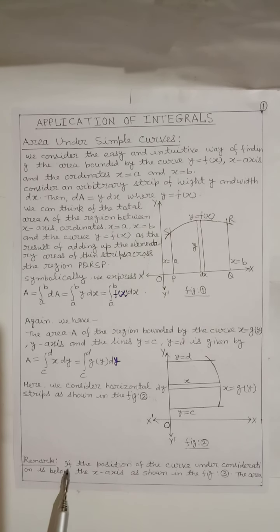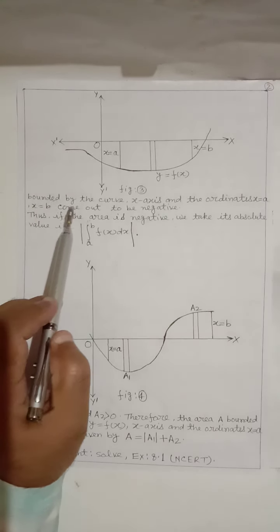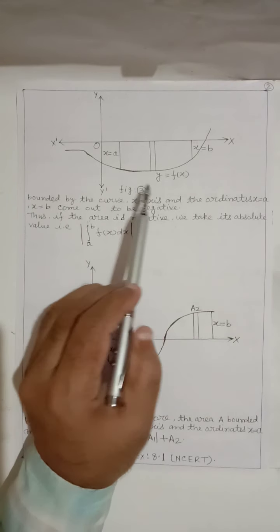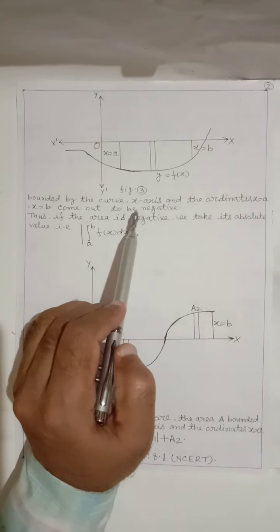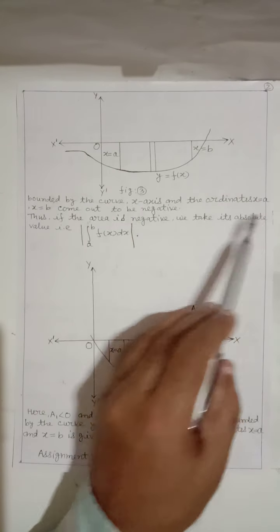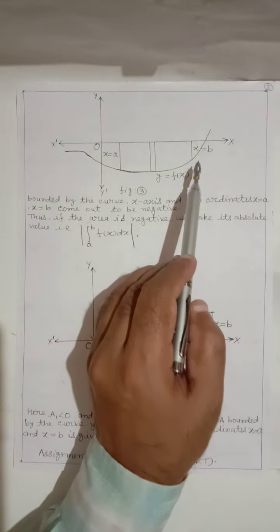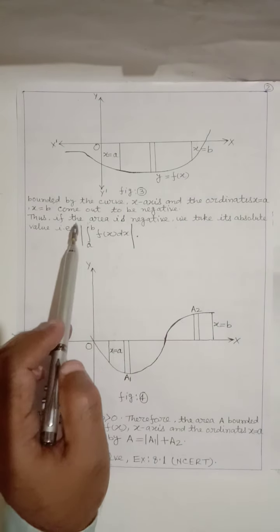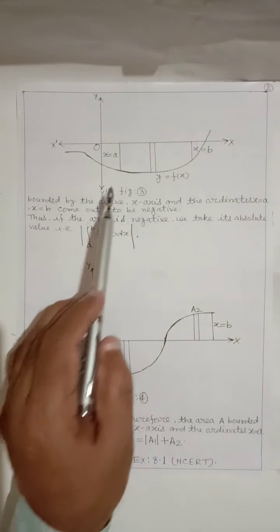Remark: if the position of the curve under consideration is below the x-axis as shown in figure 3, the area bounded by the curve y equal to f(x), the x-axis, and the ordinates x equal to a and x equal to b comes out to be negative.